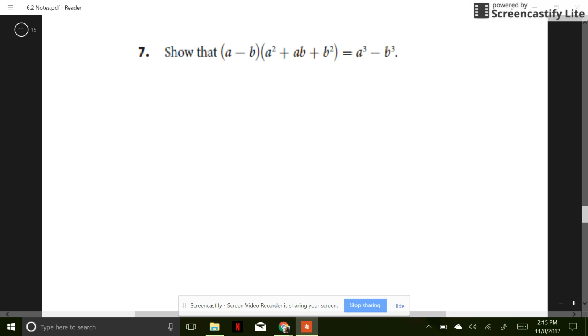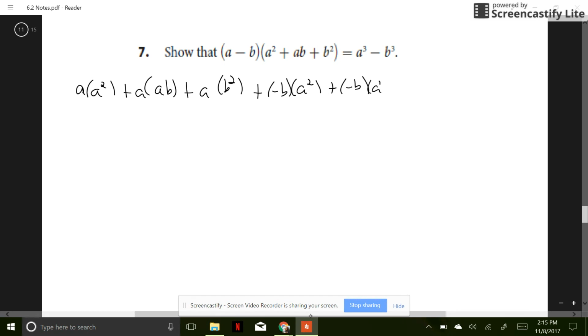We'll do the same thing here, this time on the left-hand side. So we'll take a times a squared plus a times ab plus a times b squared plus negative b times a squared, negative b times ab, negative b times b squared.